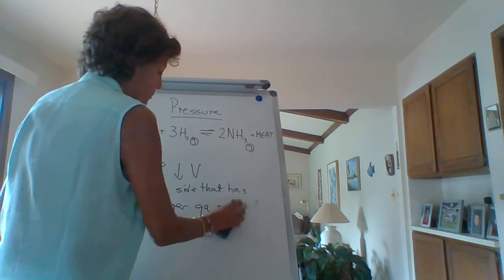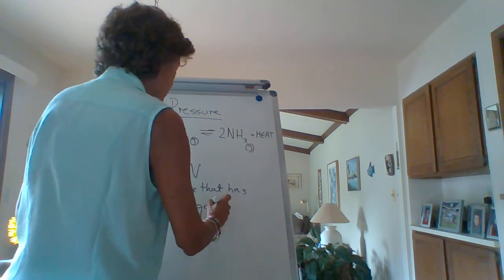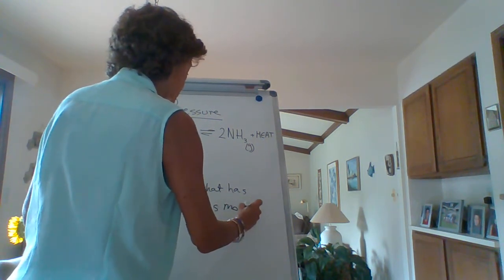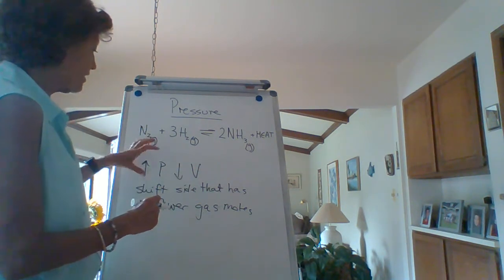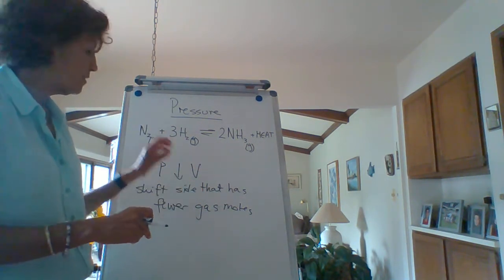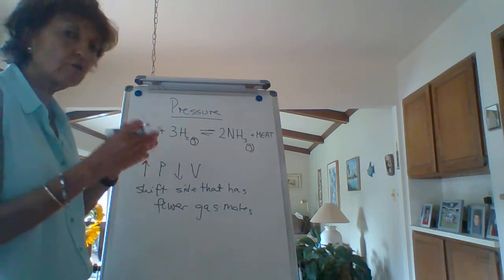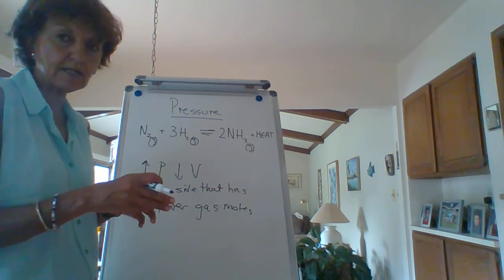Oops, let me write properly. Gas moles. Why is it going to shift to the side that has fewer gas moles? Because now we have less volume. All right? High pressure means less volume. High pressure, less volume. Less volume, you want to go to the side that has less gas moles.